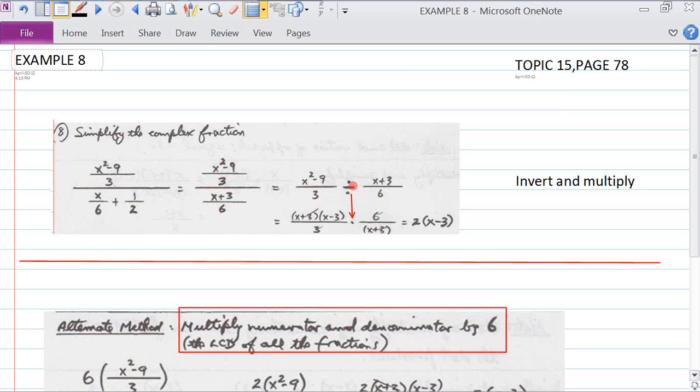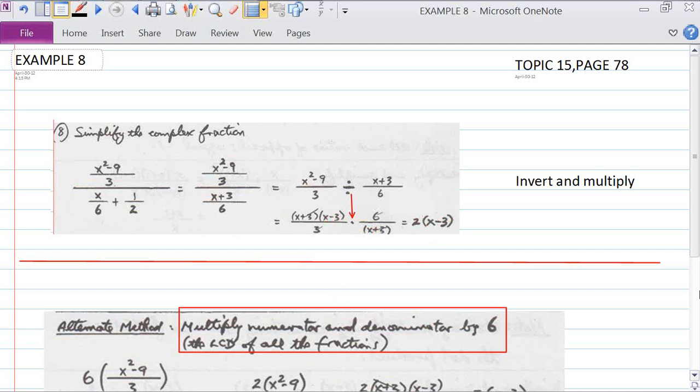Now what we're going to do is change the division into a multiplication and flip this term, invert it. So the 6 goes onto the numerator and the x plus 3 goes onto the denominator. I cancel the x plus 3 and the x plus 3. The 3 goes into the 6 2 times, and I'm left with 2x minus 3 because we haven't done anything with that term.